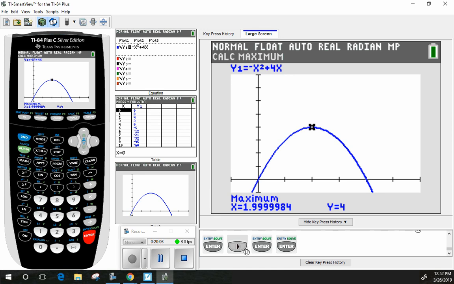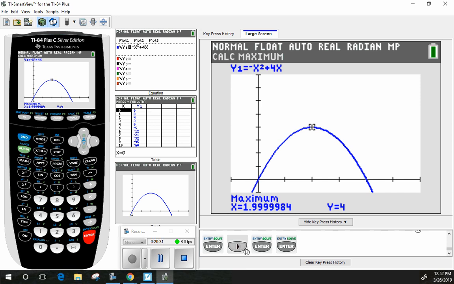So let me just touch base with you about this for just a moment. Sometimes you'll see a really weird decimal like this. It's really close to what you think it should be, but not quite. This has more to do with the pixelation of the screen of your calculator. Unfortunately, our calculators are not like the latest 4K screens.